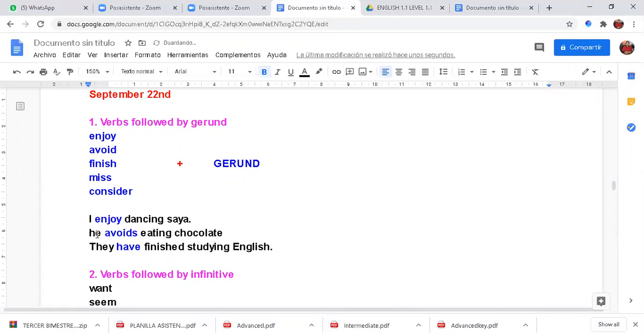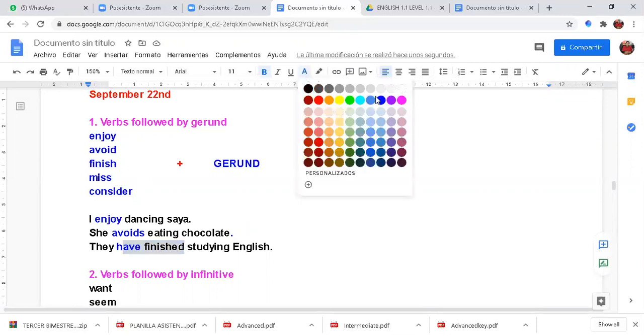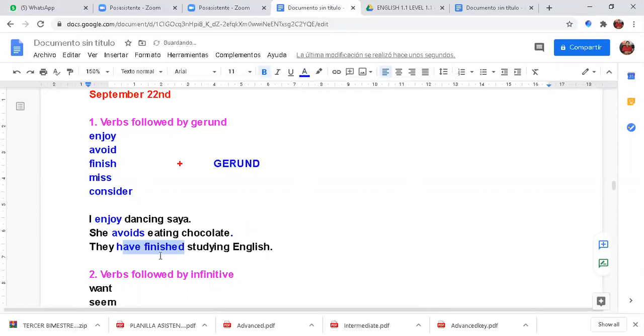She avoids eating chocolate, period, don't forget. They have finished studying. Finish is the verb, but as you can notice, this is present perfect. They have finished studying English.